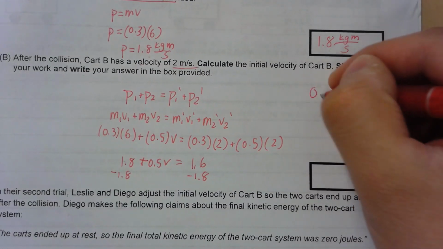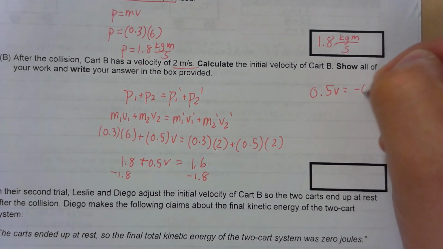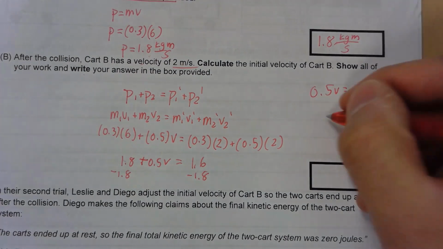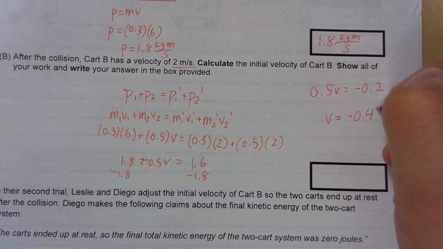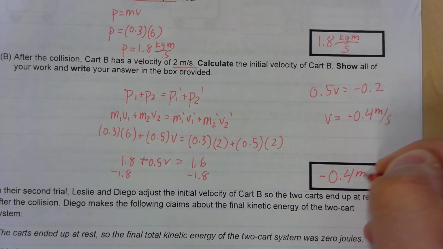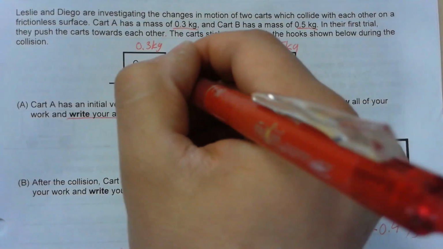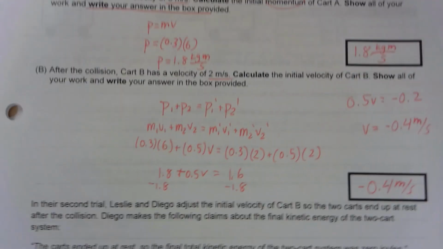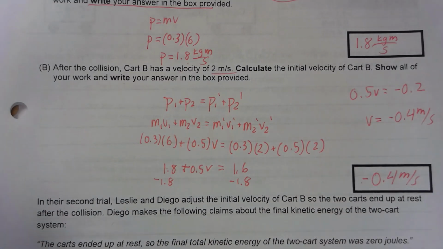We get 0.5v equals negative 0.2. Divide by 0.5 on both sides. And your velocity is negative 0.4 meters per second. So negative 0.4 meters per second. And that should make sense because at the beginning, cart A is moving to the right, cart B is moving to the left, so its velocity should in fact be negative.